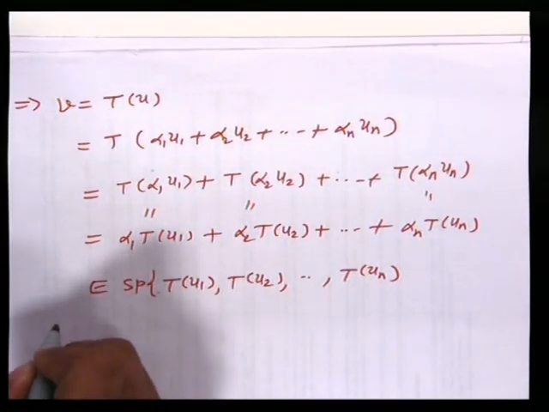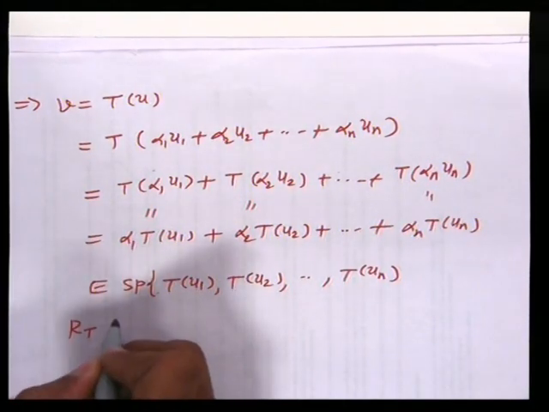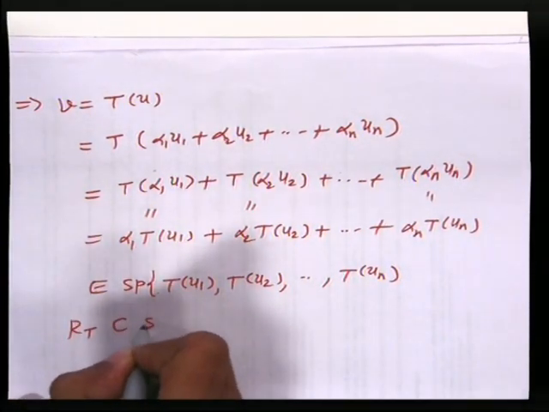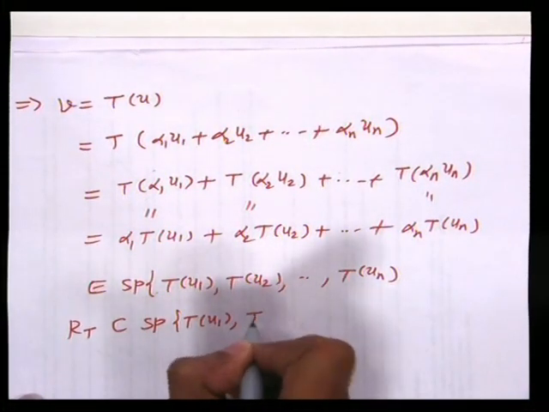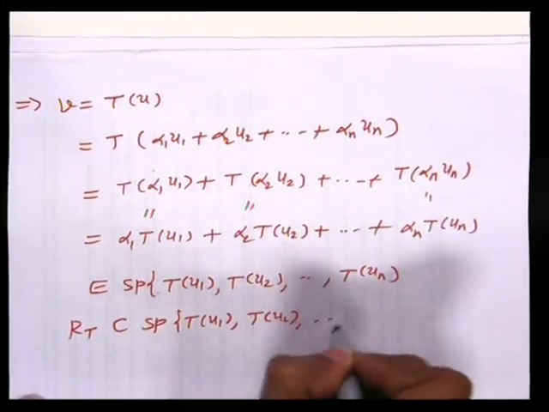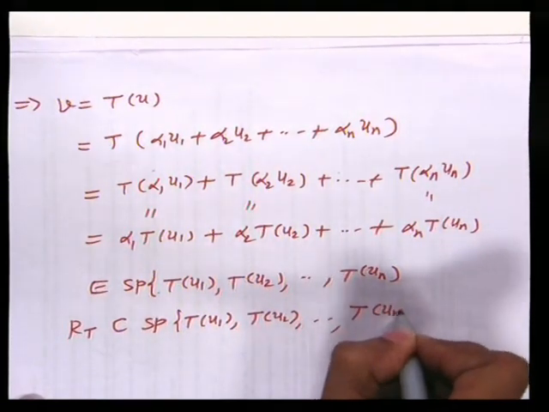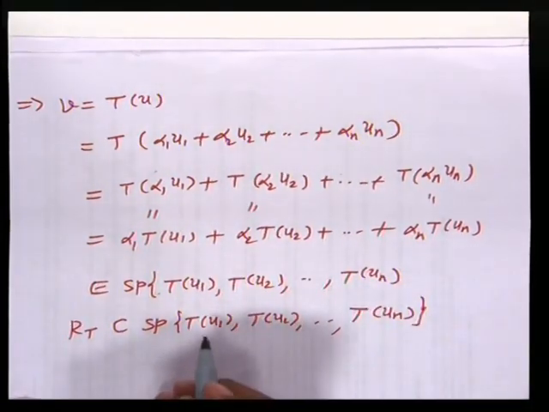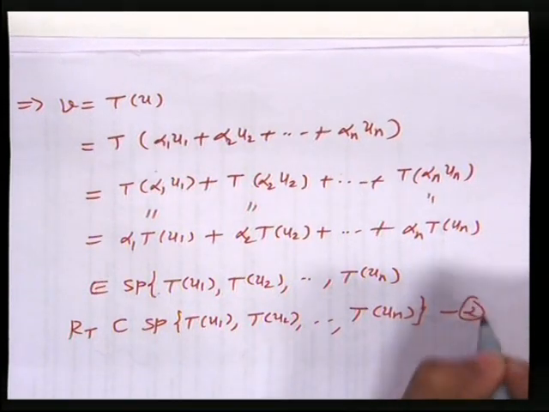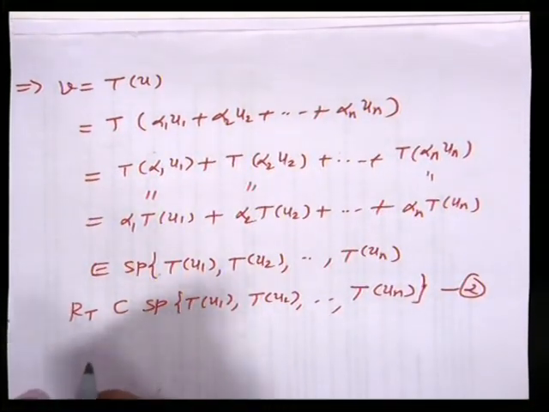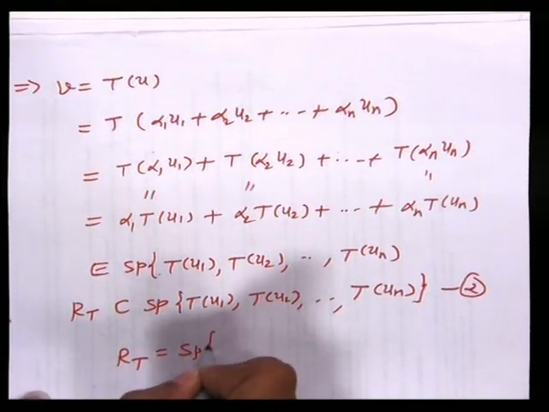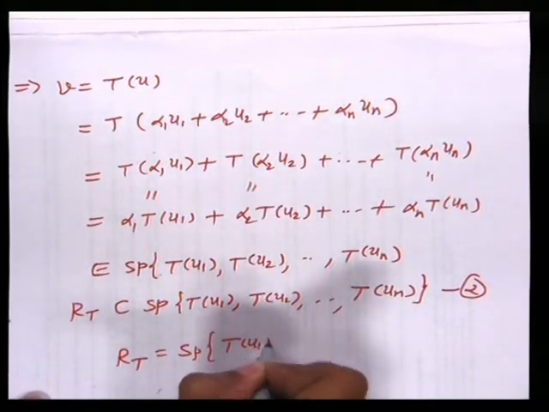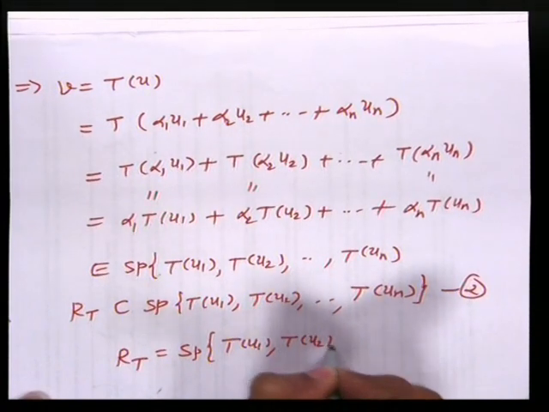So we can say that R(T) is a subset of the span of this set T(u1), T(u2) up to T(un). Say this is 2. So from 1 and 2 we can say that R(T) is the span of T(u1), T(u2), T(un).